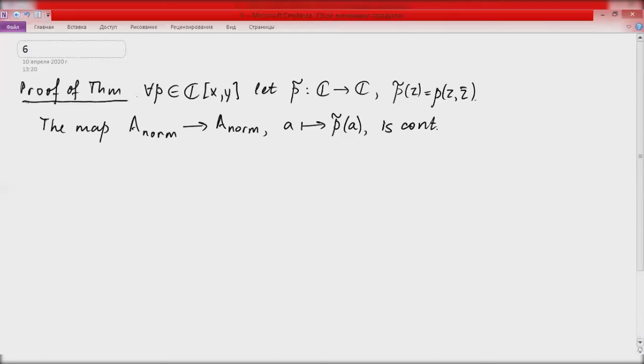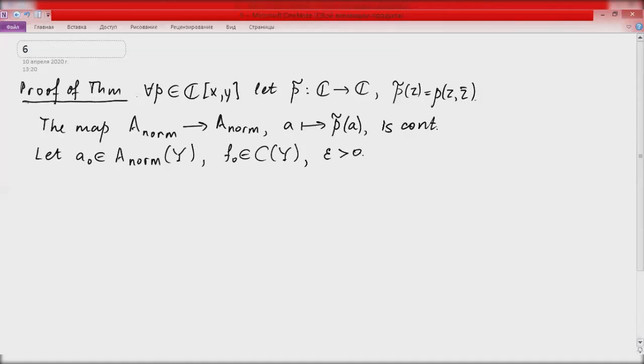Okay, so let now A0 be an element in A norm of Y. So this is a normal element whose spectrum is contained in our subset Y. Let F0 be a continuous function on Y, and let epsilon be an arbitrary positive number.